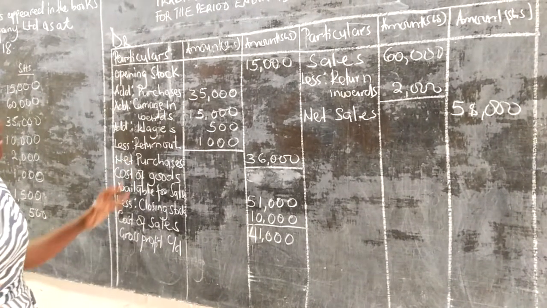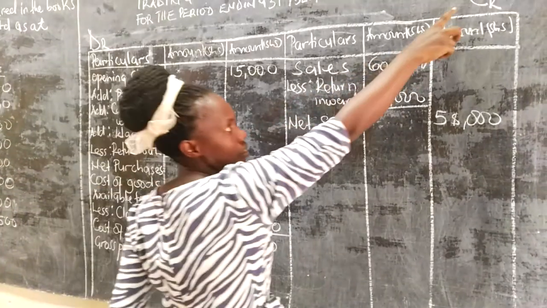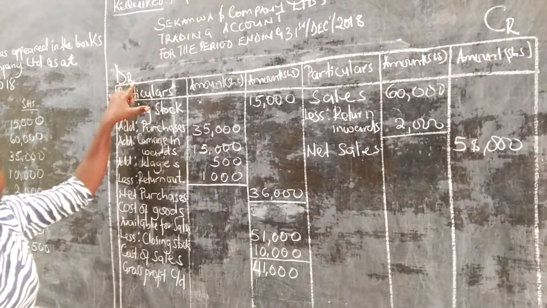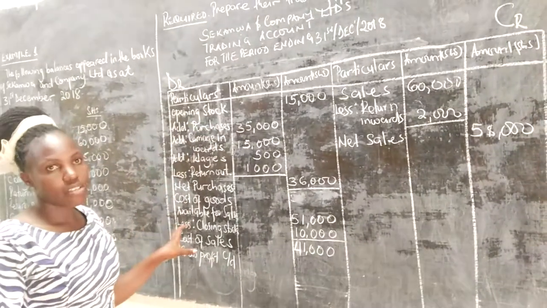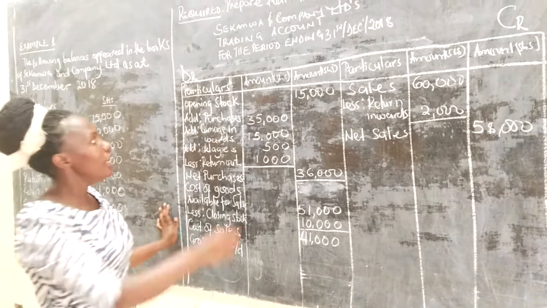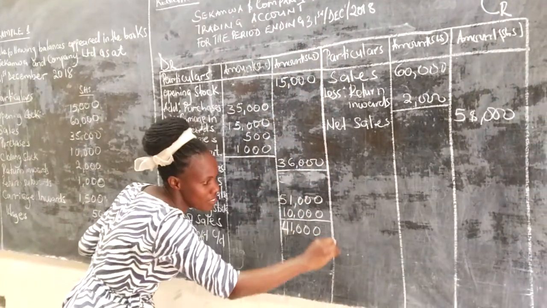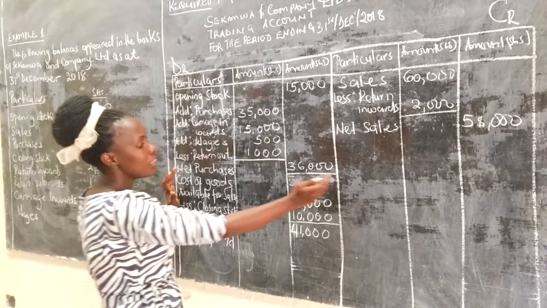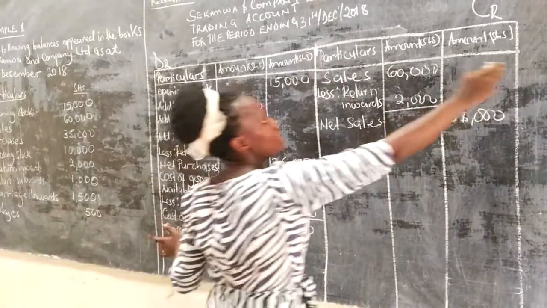This is what confused you people, DR and the CR side. DR we say is debit, which is basically recording the expenses of the business. This horizontal formatting is divided into 2. We have the debit side from here and the credit side.